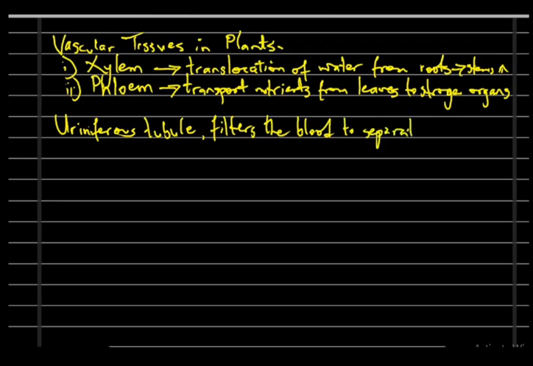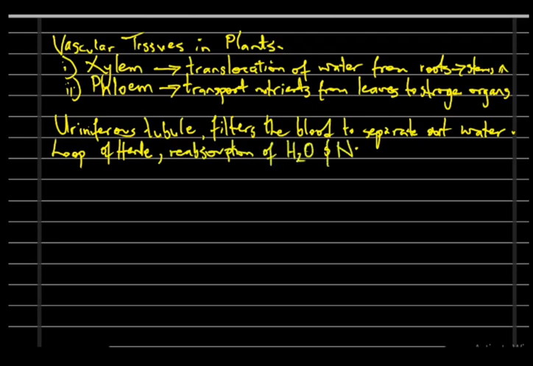That is basically what the uriniferous tubule does. And then we have the loop of Henle. In this part here, we have the reabsorption of water and sodium chloride from the filtrate. That is basically what happens in the loop of Henle.